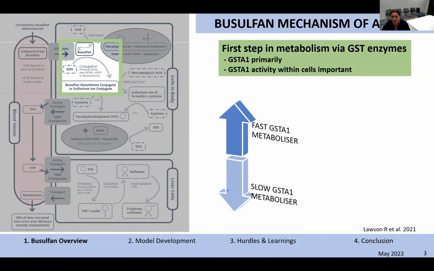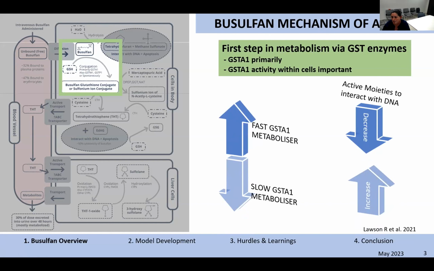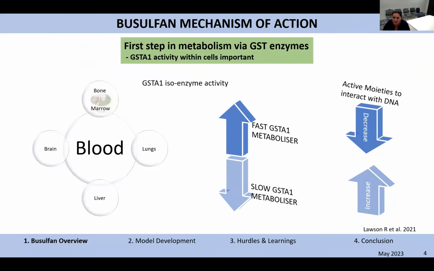Fast GSTA1 metabolizers often have less free busulfan available to undergo hydrolysis to these active moieties, and so less is active within the cell. Conversely, if you're a slow GSTA1 metabolizer, then you have more free busulfan and more of these active moieties interacting with DNA.